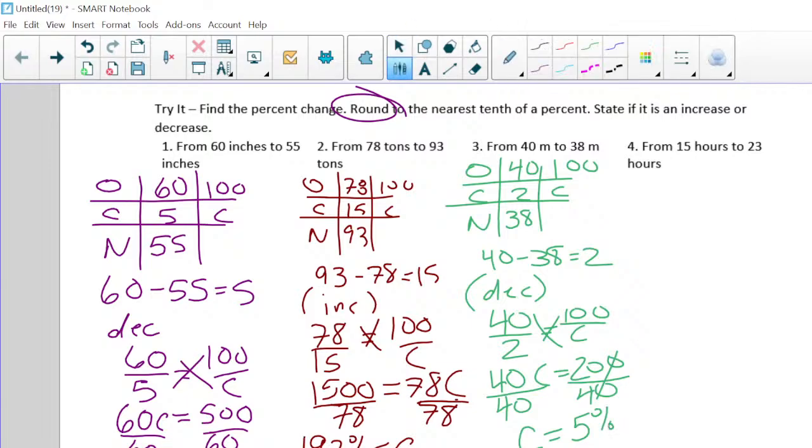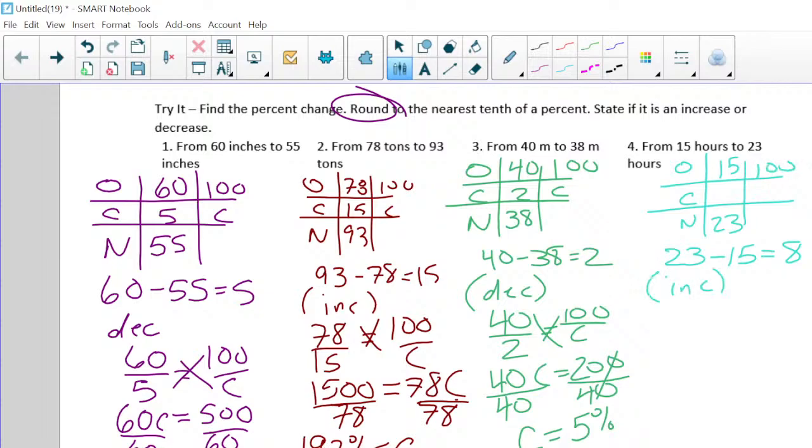The last one is from 15 hours to 23 hours. So again, we go tic-tac-toe, OCN, that's 15 hours to 23 hours. 23 minus 15 is 8. 15 to 23 is an increase. Always the original is 100%. So we have 8 here, we have change here.